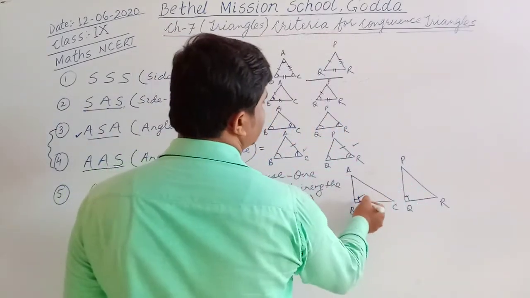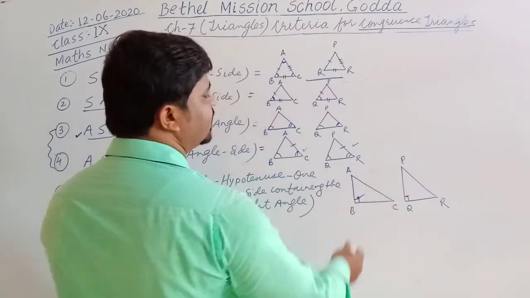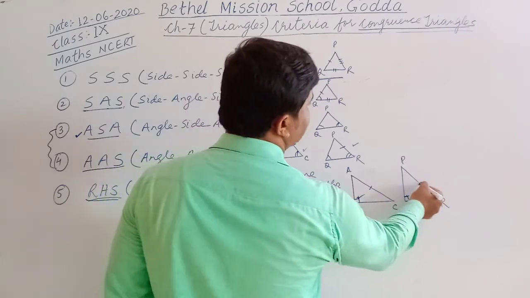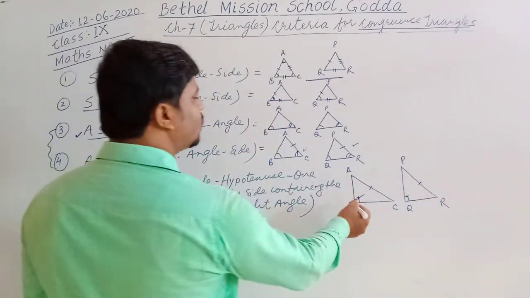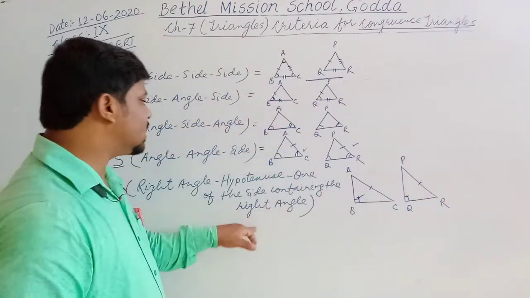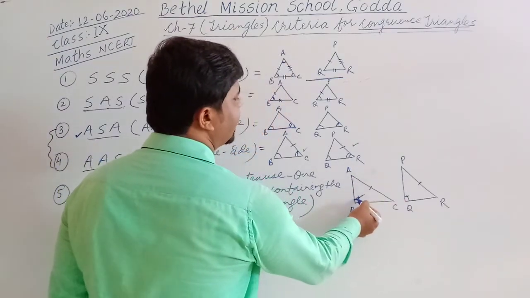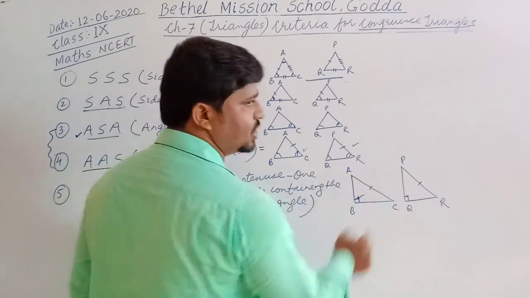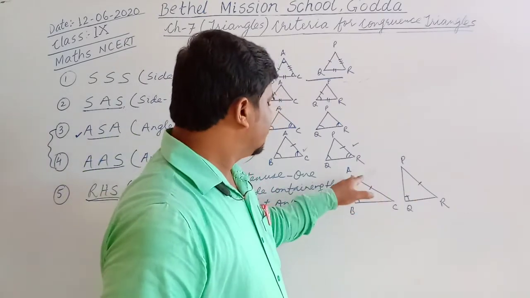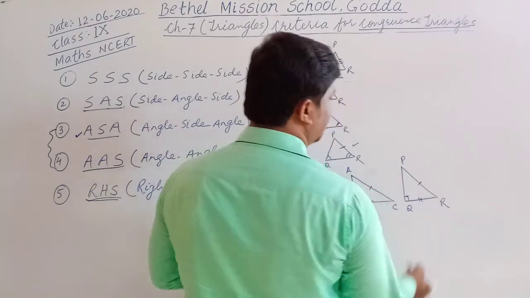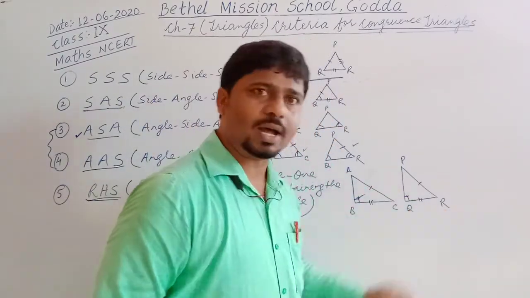Then the hypotenuse, the side opposite to the right angle, is also equal, and one of the sides containing the right angle, that can be AB or BC, because this right angle contains two sides AB and BC. So any one side can be taken, suppose this side, then corresponding side of this PQR will be QR.